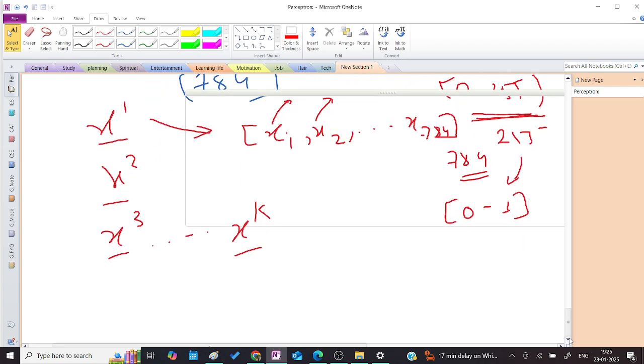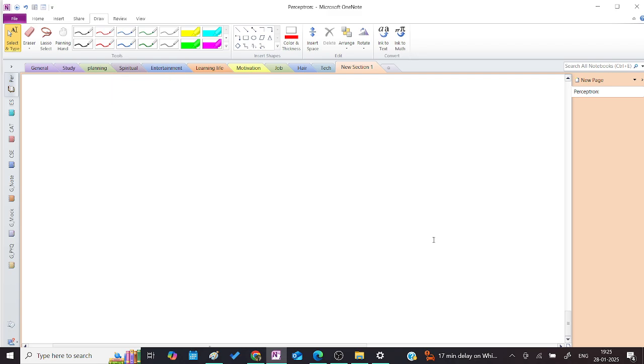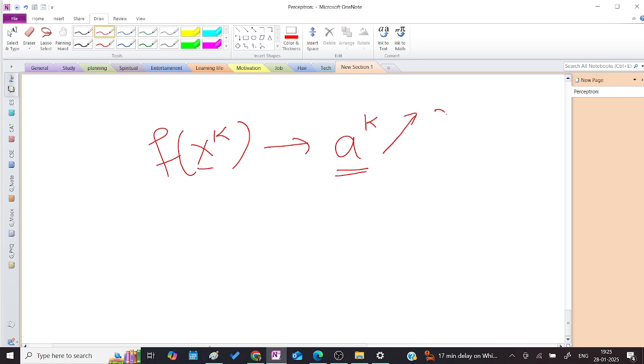So if this input is fed to our perceptron, then we will get one output for each of these inputs, and this output for a binary perceptron will be either 0 or 1.